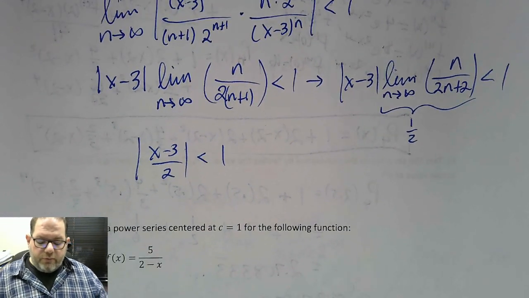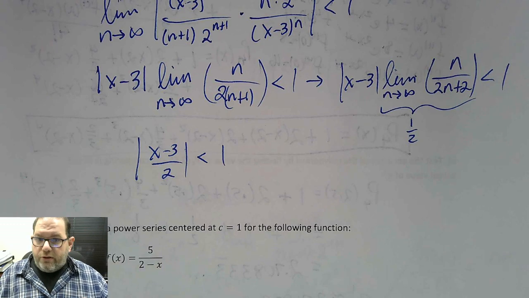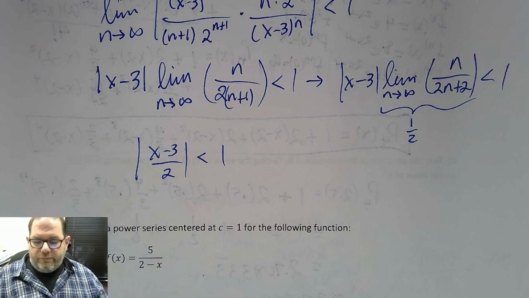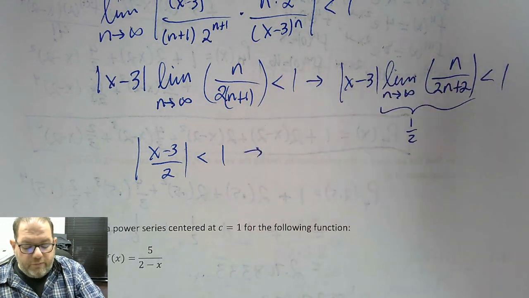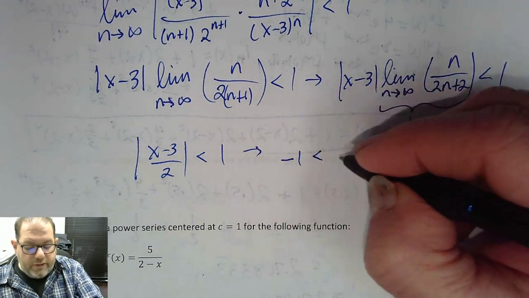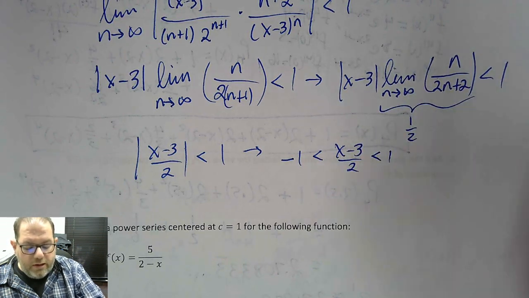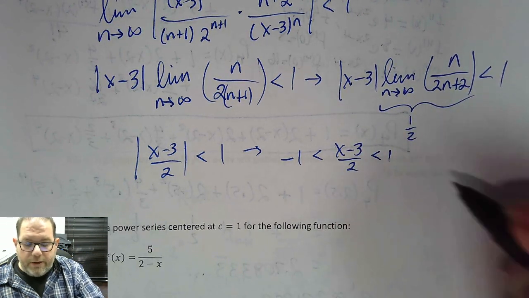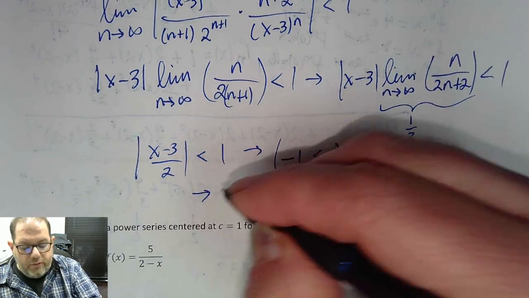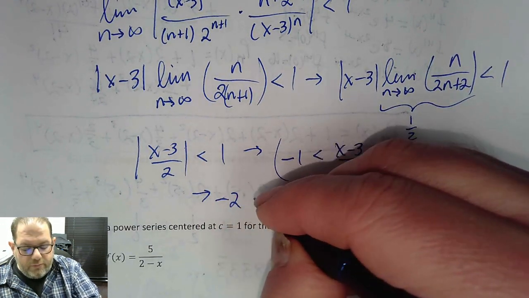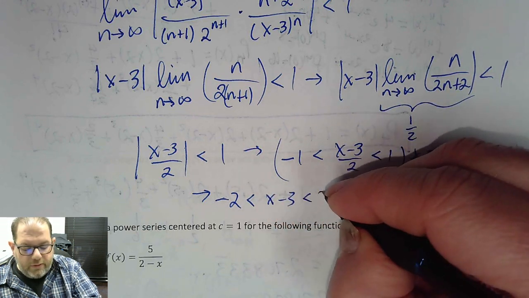And so now we just want to unfold it from there to get what we call a compound inequality that represents this radius of convergence. So we would say from there, negative 1 is less than (x minus 3) over 2, which is less than 1. We can multiply each part here by 2. So that gives us negative 2 is less than x minus 3, which is less than 2.